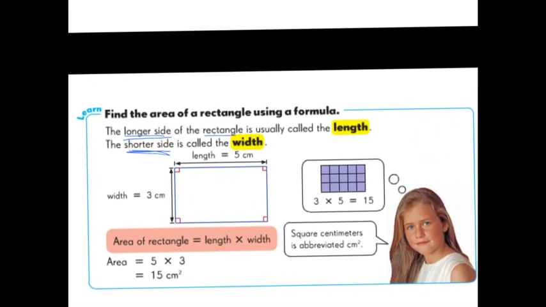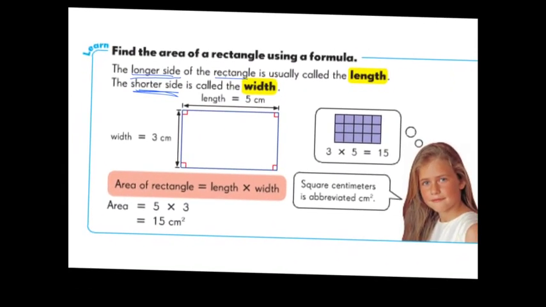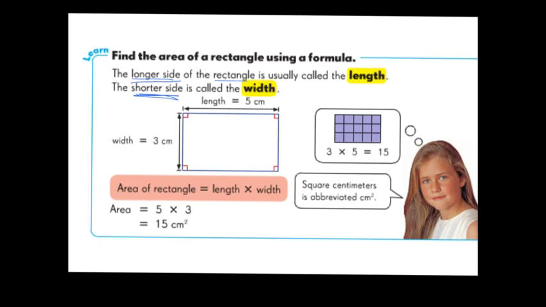So now let's think about how to use all of the things that we know. We know that the area of a rectangle is looking for all of the inside of this rectangle. If we imagine that we put little squares inside, we have a 3 by 5 rectangle.